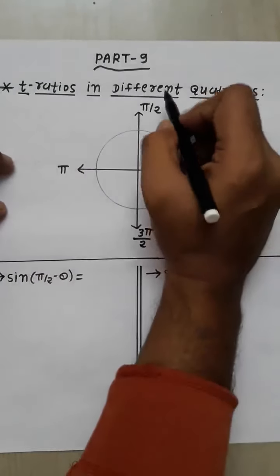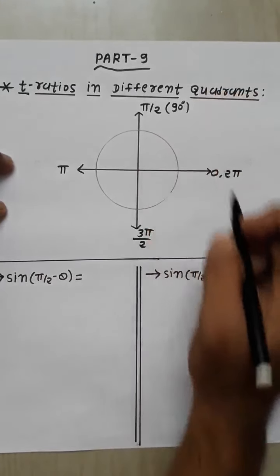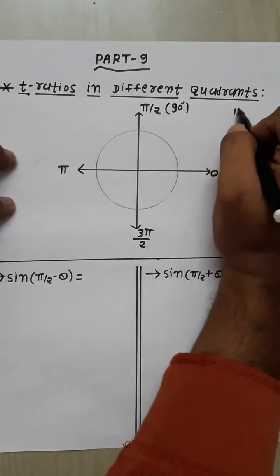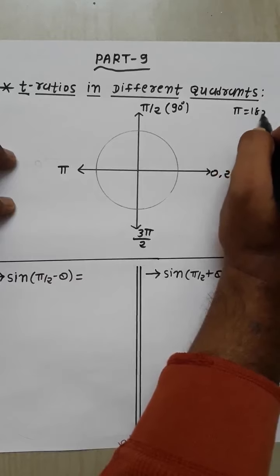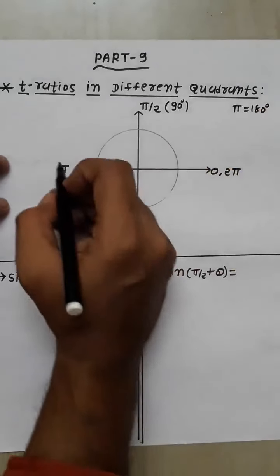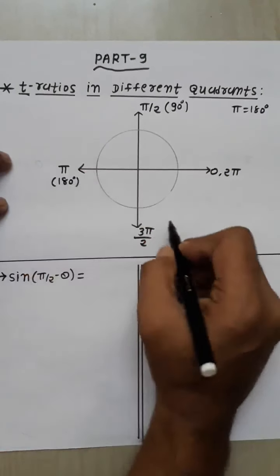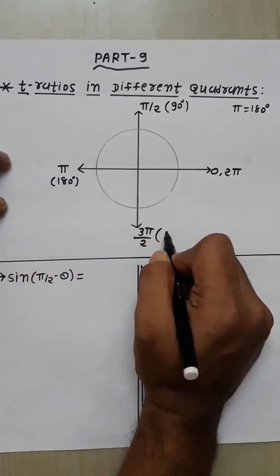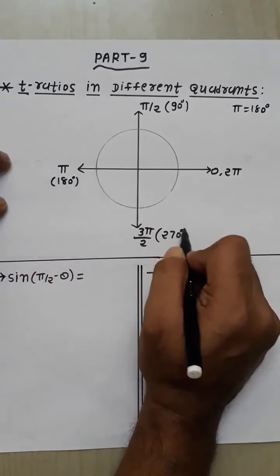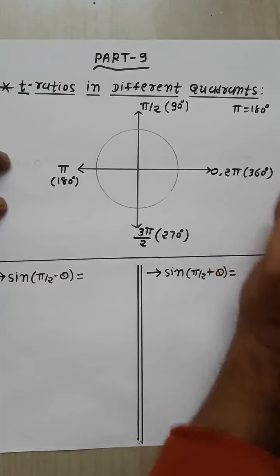Now in degree form, the value of pi by 2 means 90 degrees, the value of pi means 180 degrees, 3 pi by 2 means 270 degrees, and 2 pi means 360 degrees.